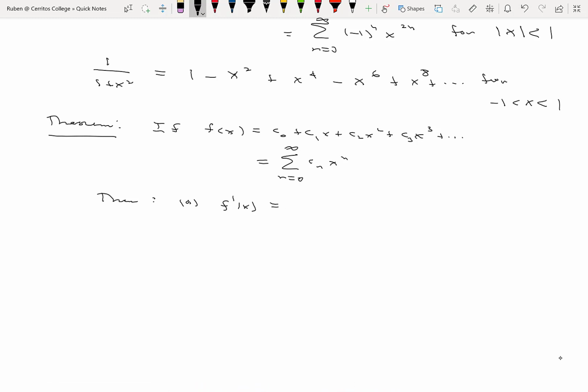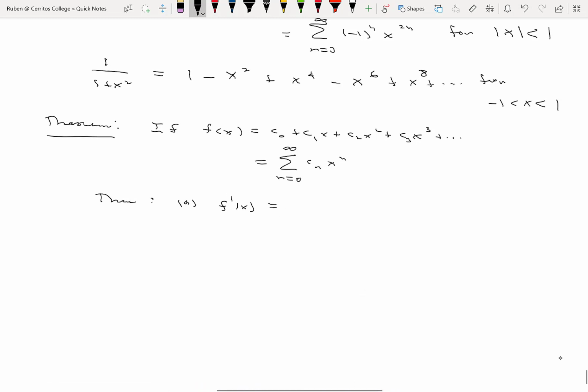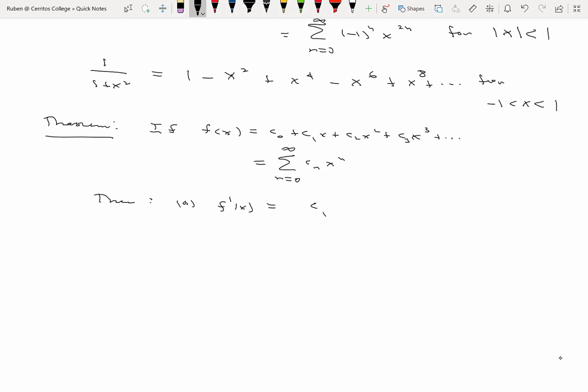So the derivative of c0, a constant, is 0. The derivative of c1x is c1. The derivative of c2x squared is 2c2x. The derivative of c3x cubed is 3c3x squared. So this theorem says that I can differentiate power series term by term. Okay, we don't have to look at the series written out term by term.